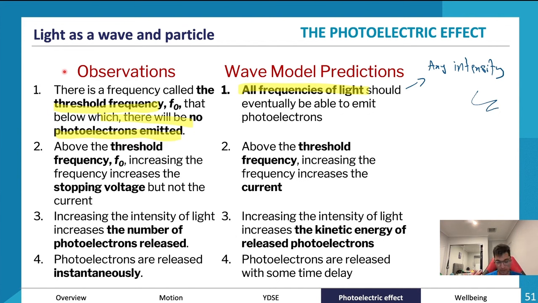Second thing, the photoelectric effect shows that for any light above the threshold frequency, as you increase the frequency, it will increase the stopping voltage, or the energy of the electron, the EK max. According to the wave model, increasing the frequency will increase only the current. The last two differences: in the photoelectric effect, increasing the intensity increases the number of photoelectrons, which increases the current.